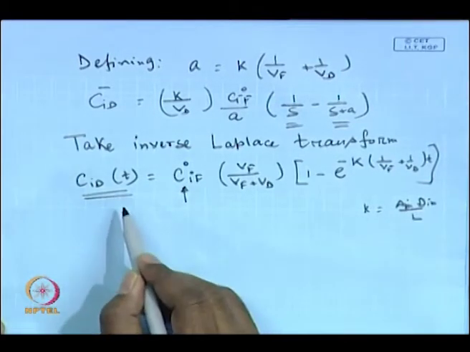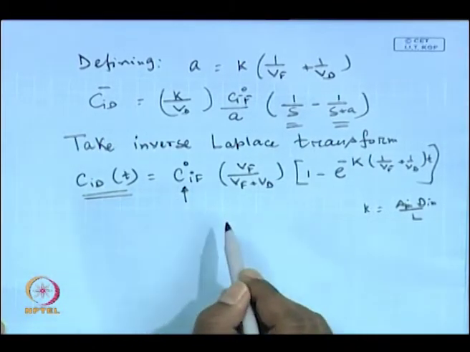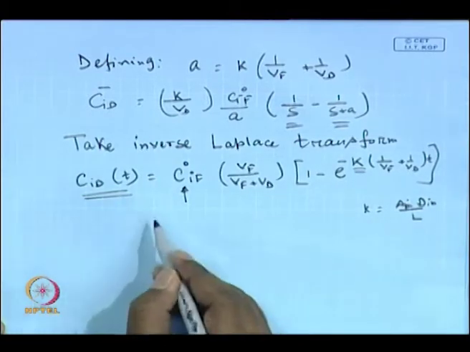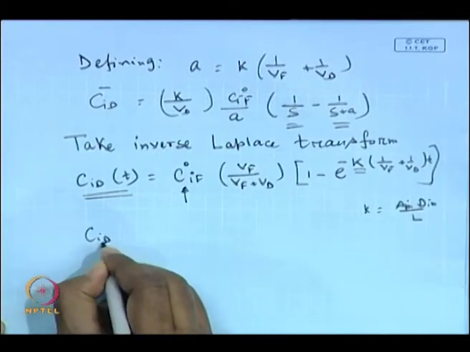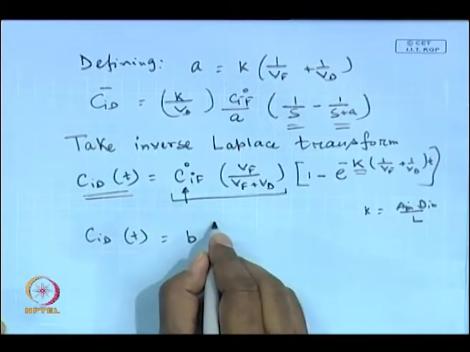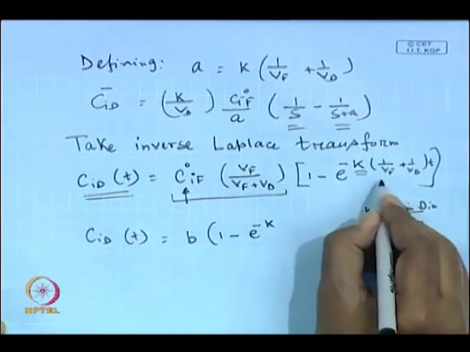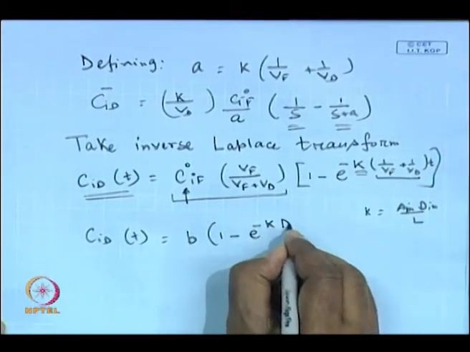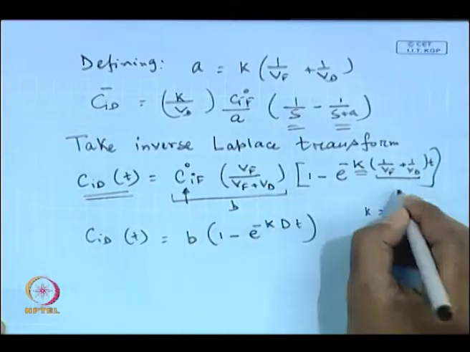So, either you fit a curve in this form, because you know the experimental values, and estimate the value of K, or you can make it more amenable. Let us say this whole thing is b. So, this becomes b into (1 minus e to the power minus K times d times t), where 1 by V_F plus 1 over V_D is d. Okay.